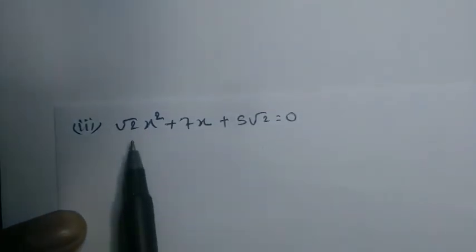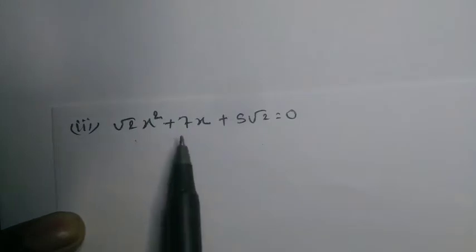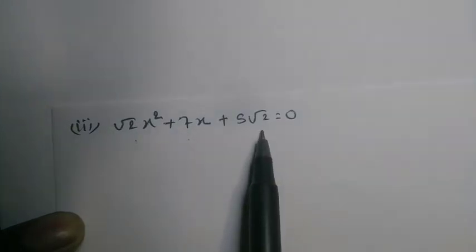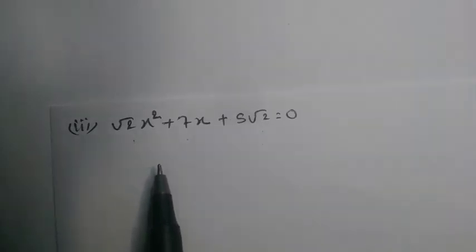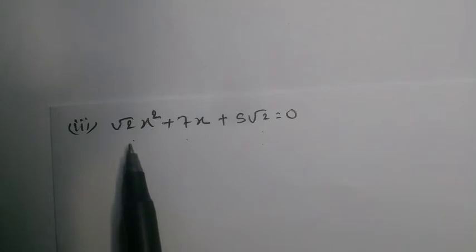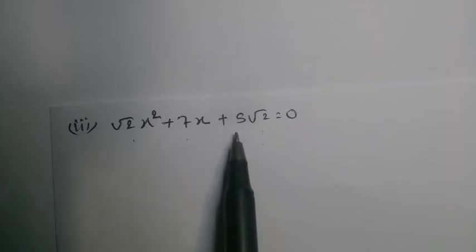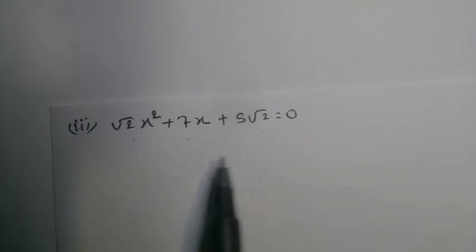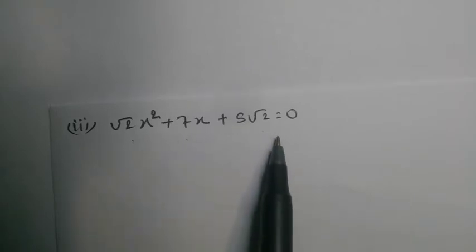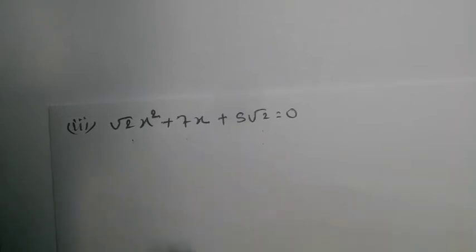Here a is equal to root 2, b is equal to 7, and c is equal to 5 root 2. So we multiply root 2 and 5 root 2. Root 2 into root 2 is 2, and 2 times 5 is 10.